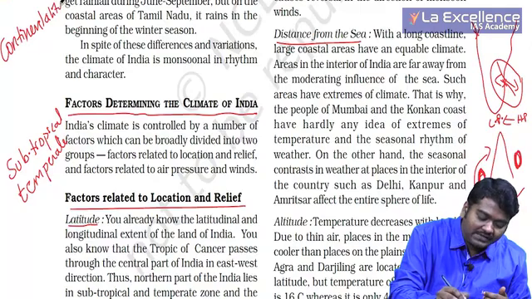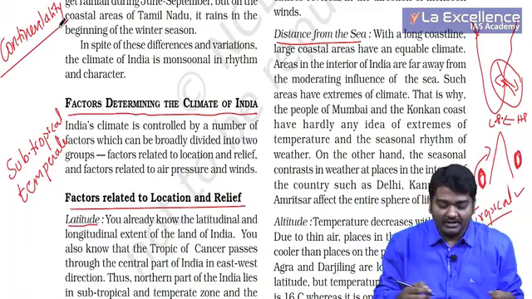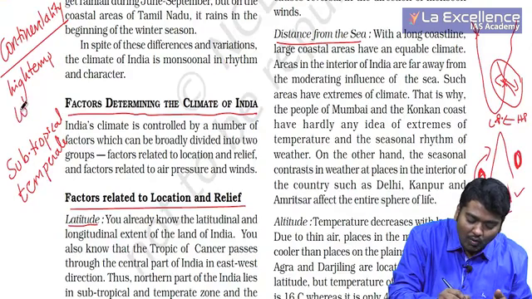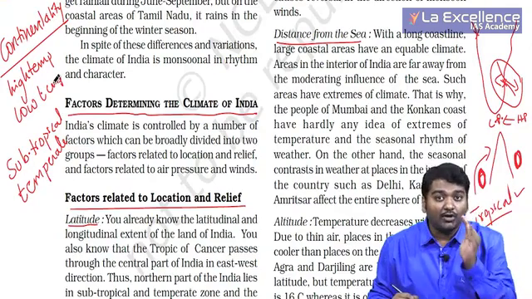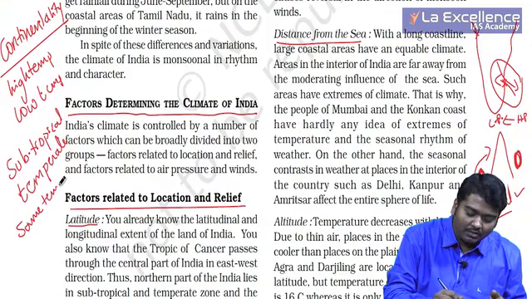And what happens in continentality? Whenever it is huge continents, we see high temperature in summer and the lowest temperature possible in winter. But when it is closer to the sea, we observe more or less the same temperature throughout the year.